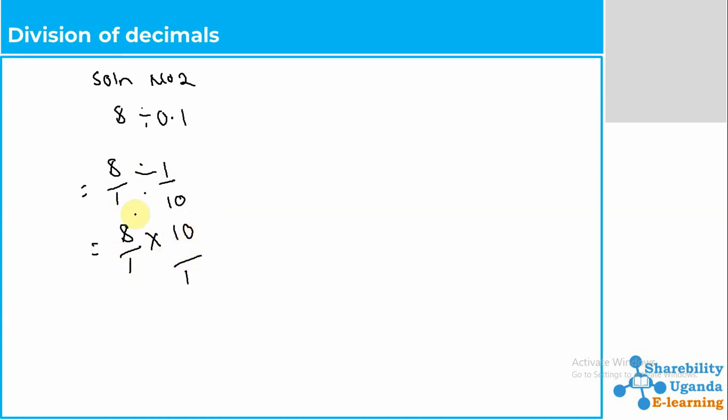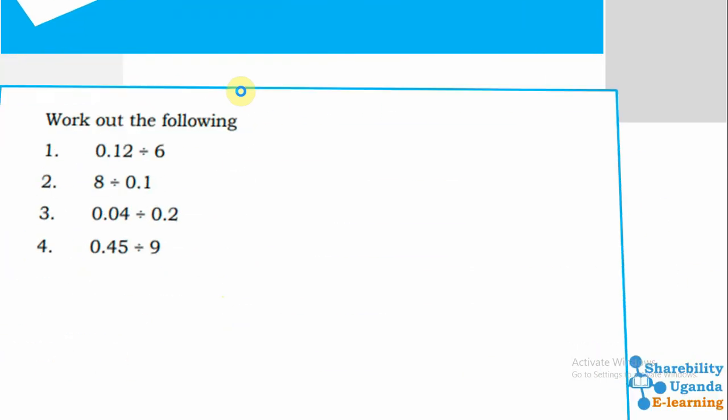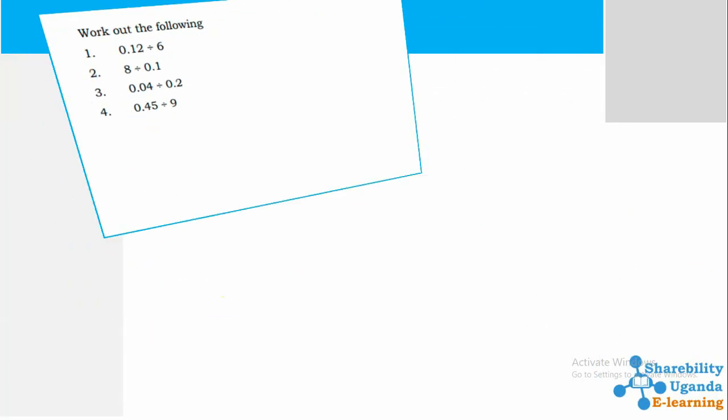So now here we can say 8 times 10. This is going to be our 80 out of 1. So here we shall get our answer as 80. Okay, so we can see that our numbers are trying to move slowly by slowly.